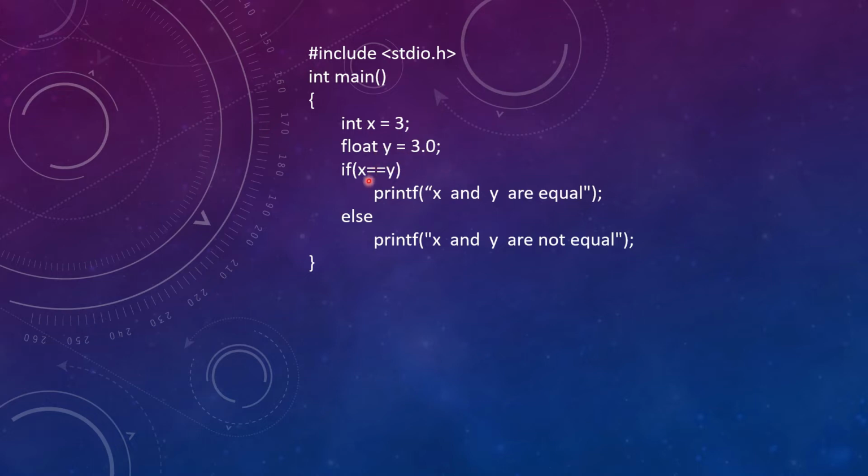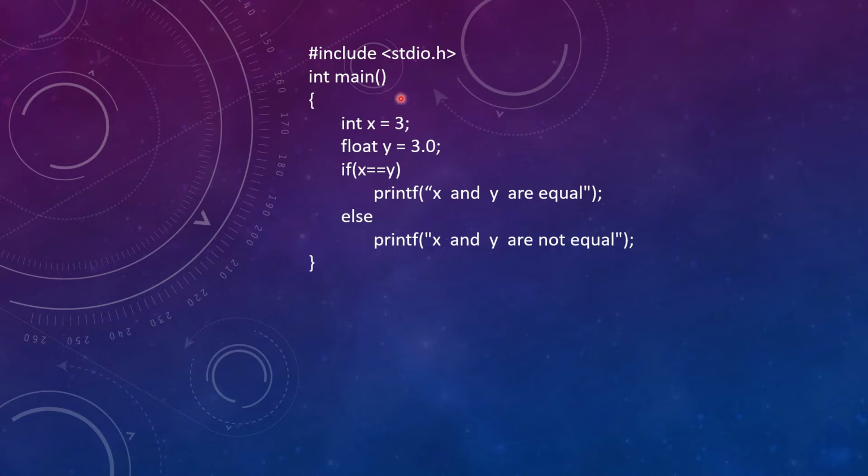Okay, now in the if condition we are checking whether x is equal to y or not. Correct. So if it is equal, then we will print this line, and if it is not equal, then we will print this line. So what many people must have done is think that x is an integer variable and y is a float variable.